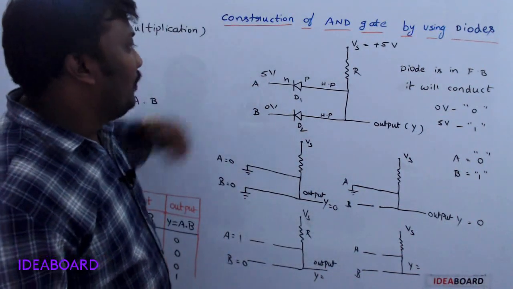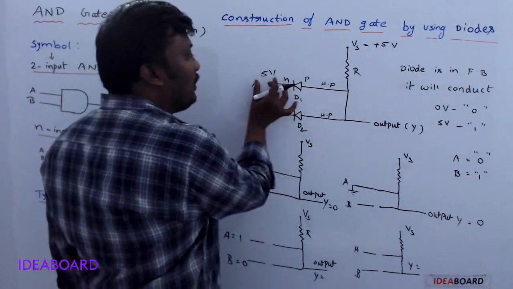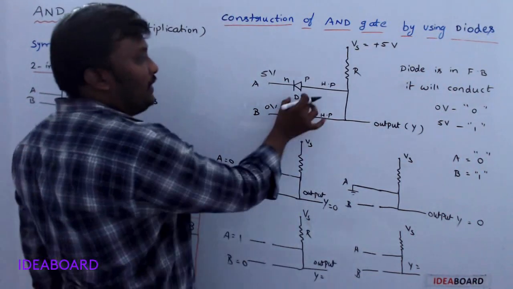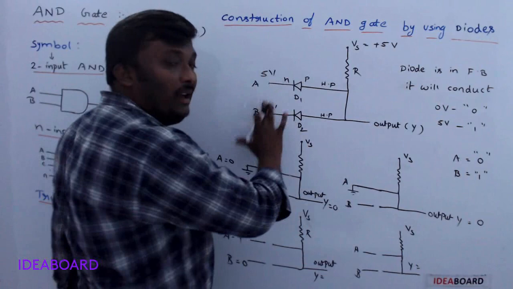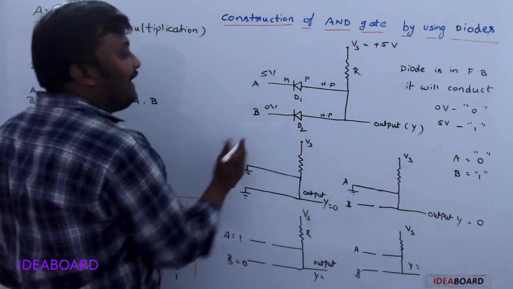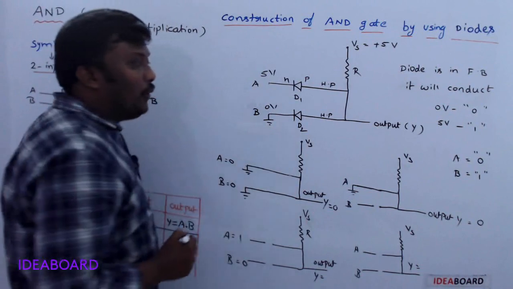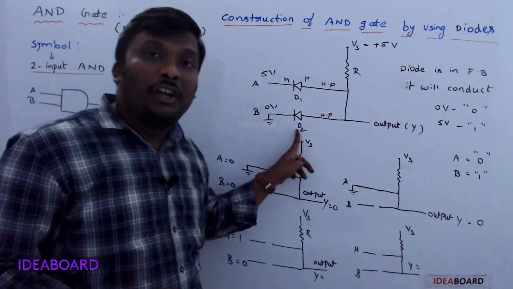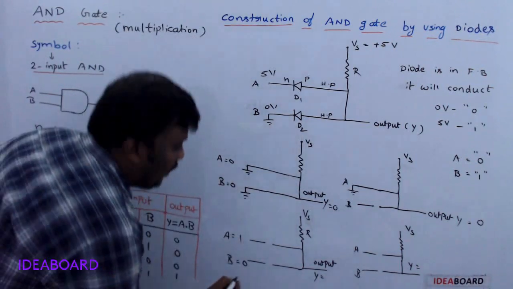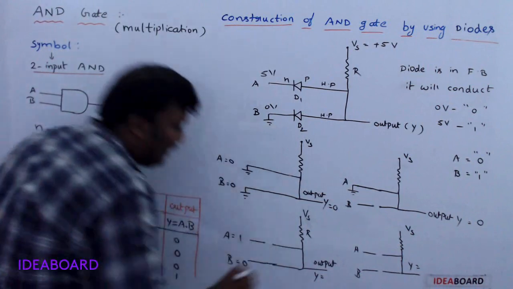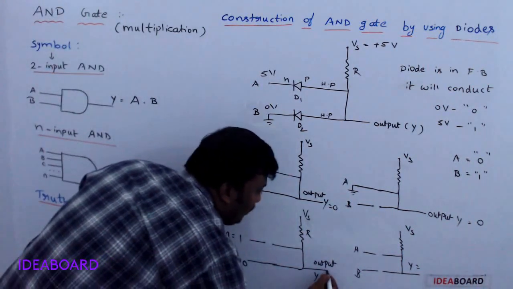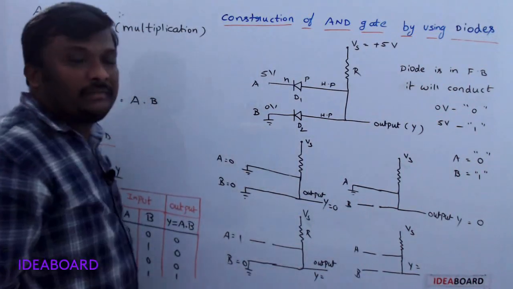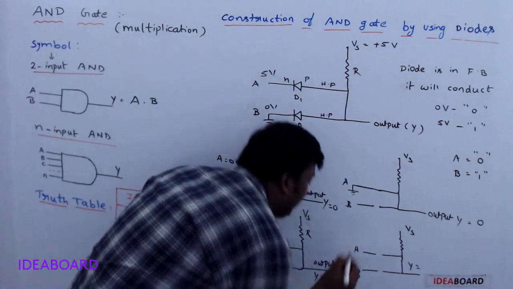When A is at 5 volt, there is higher potential on both sides, so D1 will not conduct current. Now B is maintained at 0 volt, which means it is grounded now. It is higher potential, lower potential, so D2 is now in forward bias. Forward bias means it will conduct. See, the output is directly connected to ground. That means the output is again 0.